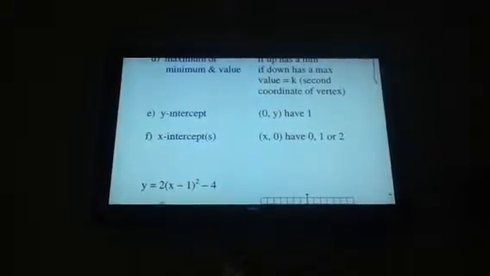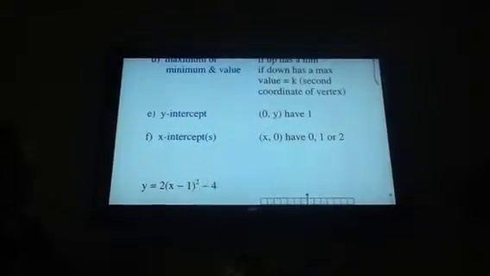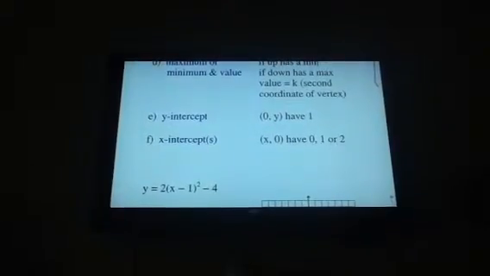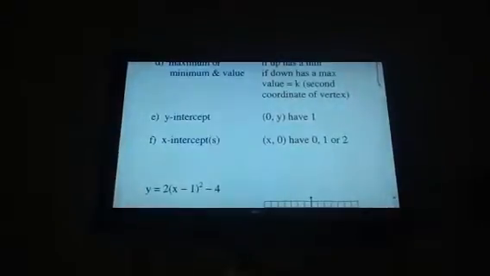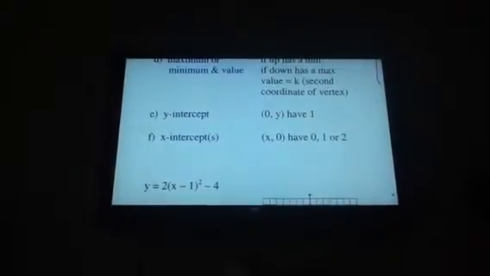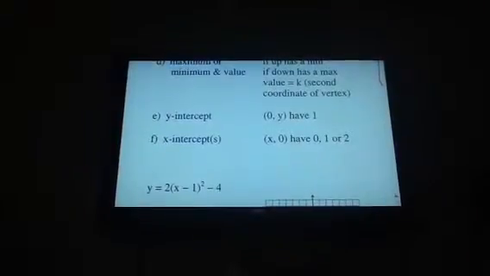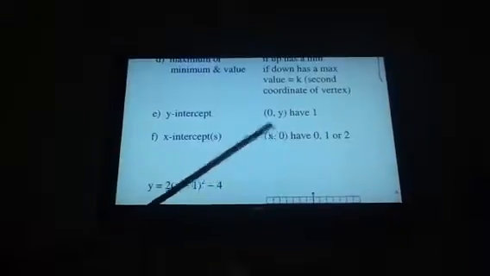We're going to find that by putting a 0 for the x value and calculating the y value. The x-intercepts: there's either going to be none, one, or two of those. That depends on how it calculates out and how your parabola looks. To find those, we're going to put a 0 for the y value.